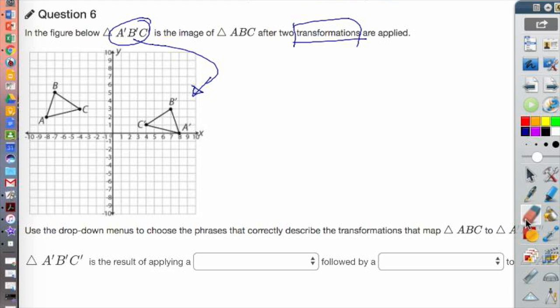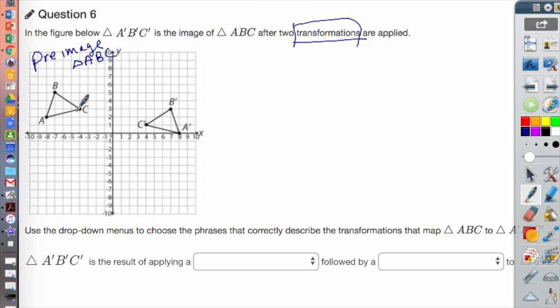So we're going to take the pre-image, which is over here. The pre-image is A, B, C. Let's take a look. See where the position of A is over here, B is over here, and C is over here.